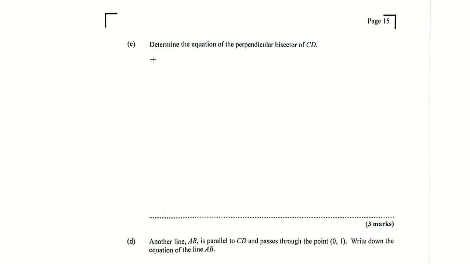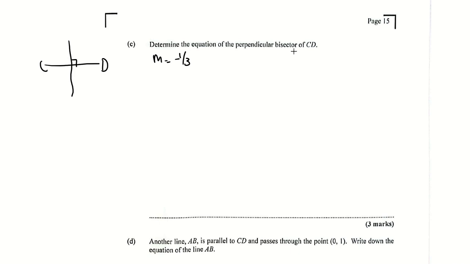Now, we know that the gradient of CD is equal to negative a third, right? When they say perpendicular bisector, it means that there was line CD and it intersected this line at your midpoint.